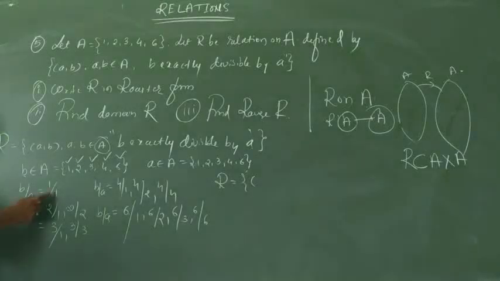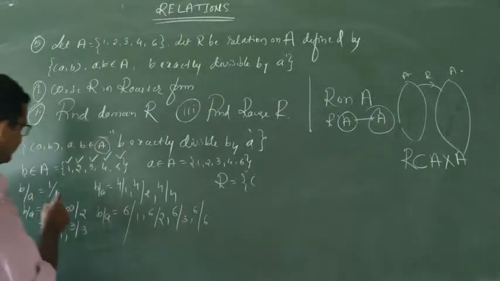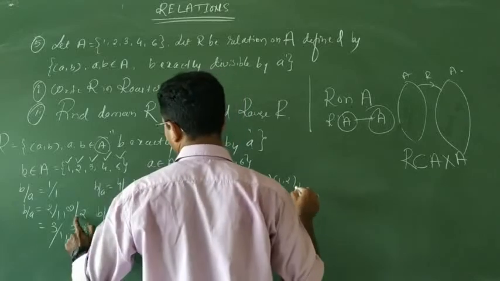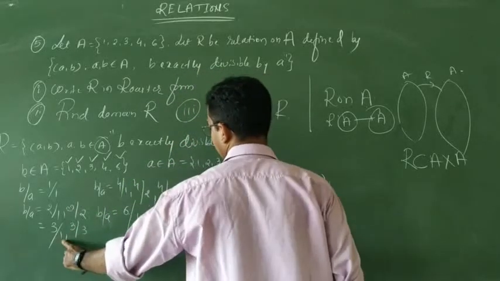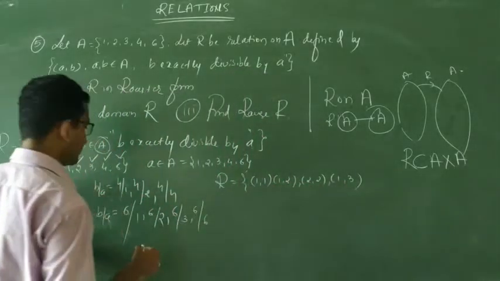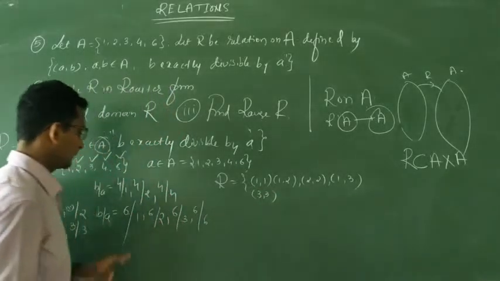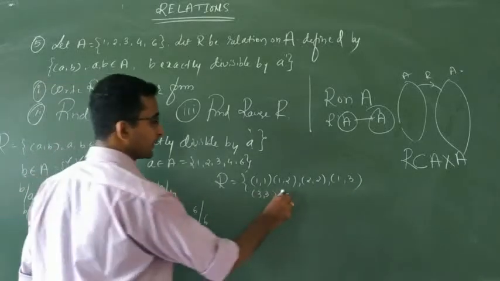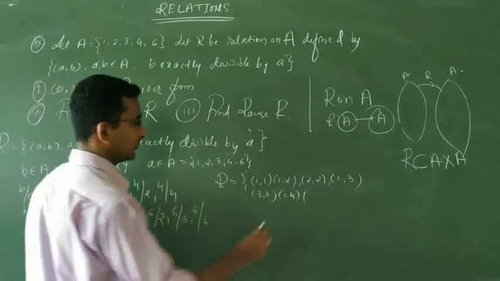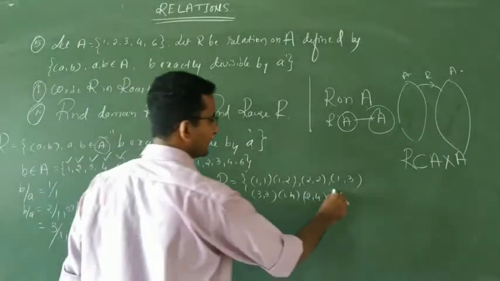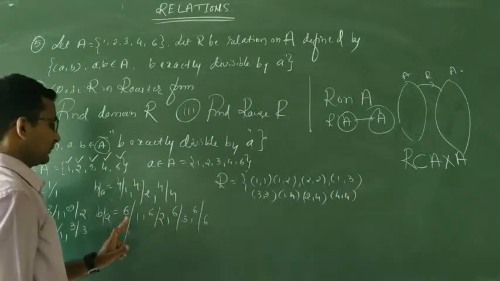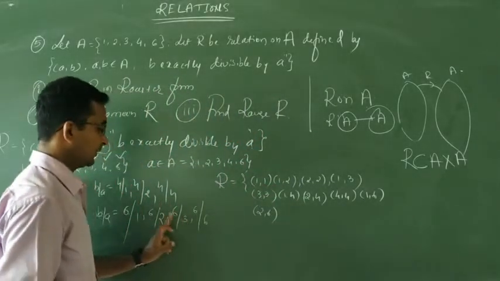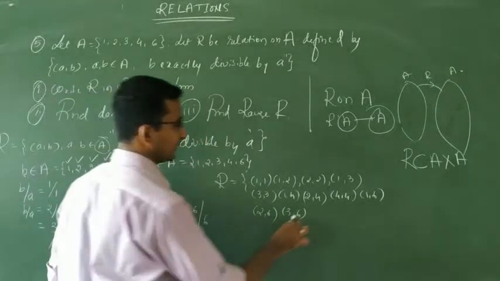So look here, we have to write the pairs (a, b). R = {(1, 1), (1, 2), (2, 2), (1, 3), (3, 3), (1, 4), (2, 4), (4, 4), (1, 6), (2, 6), (3, 6), (6, 6)}.